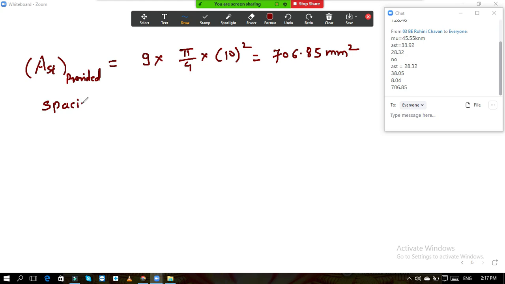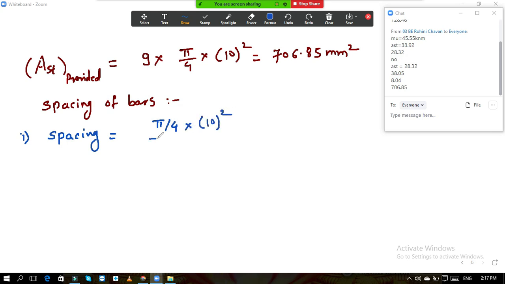Spacing of bars. Okay, so spacing by first criteria, spacing is equal to area of single bar. What was our standard formula? Area of single bar divided by Ast provided, 706.85, multiplied by width, 1000.